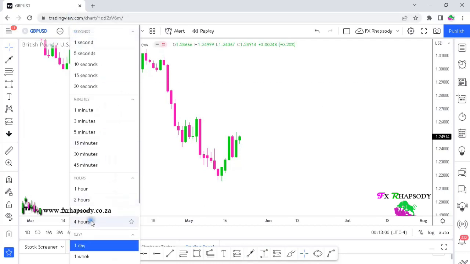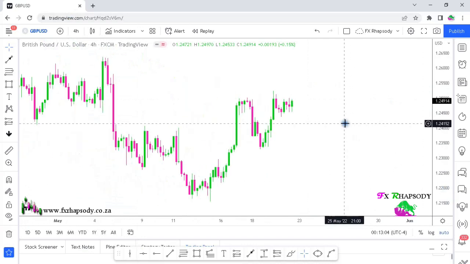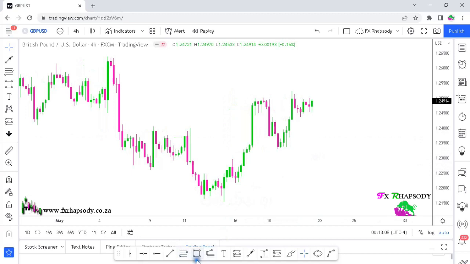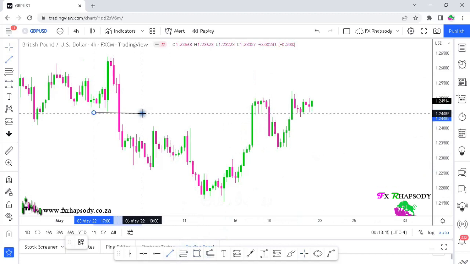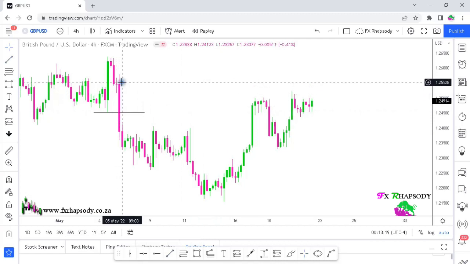even further. 4-hour time frame, let's have a look at this. So like we saw, I'm just going to highlight this out for you. Okay, right about there. So that area is an area of structure being broken.